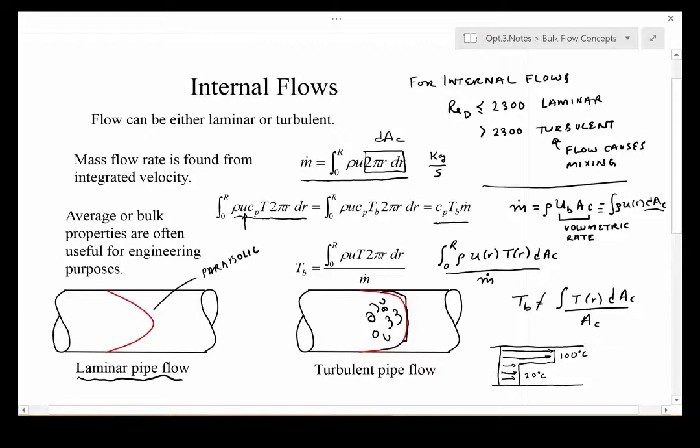So you want to think about this T bulk really as the velocity weighted: V1 T1 plus V2 T2 over, in this case, the average velocity in the system, because the average velocity is a different issue from the average temperature.